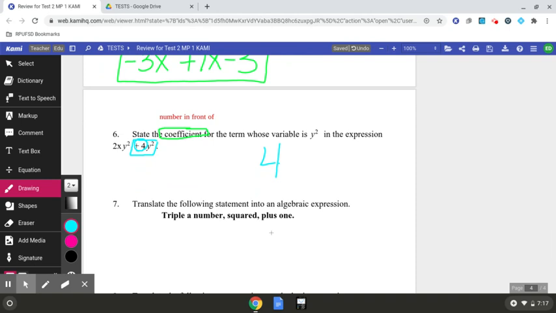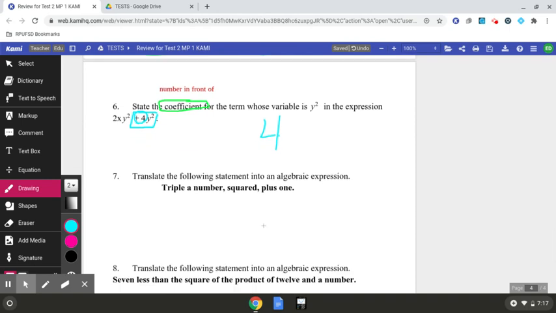Okay, so number 7, we're translating the statement into an expression. This was, I believe, lesson 5. So triple a number squared plus 1. Triple means times 3. A number, we don't know what number, so let's use x.